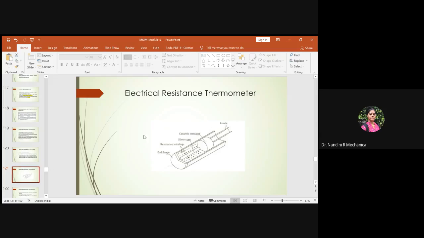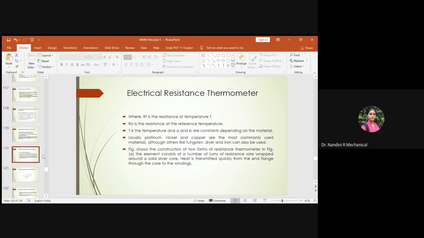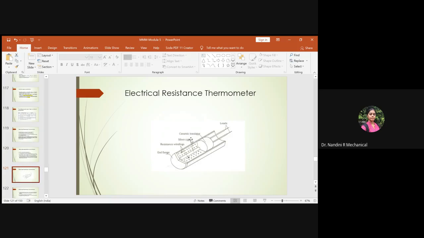So here you will have a solid silver core. This is the material being used, and it is a conductive material. The silver core is wound with many turns of resistance wire. You can see the many hole-like structures here.